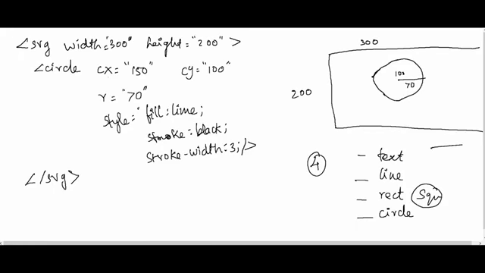While creating the x and y axis itself, you can use the same value, meaning it will become a square. Okay, so just try these 5 shapes: text, line, rect, circle. So inside rect we can draw 2 things, one is a rectangle and the other a square. Okay, try to do these 5 different shapes.